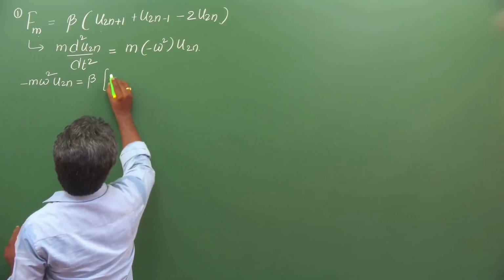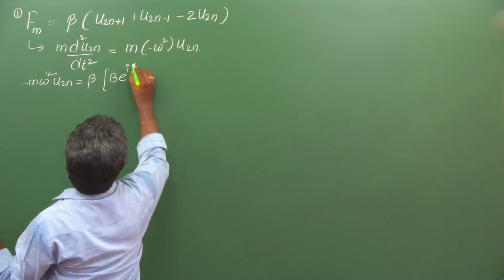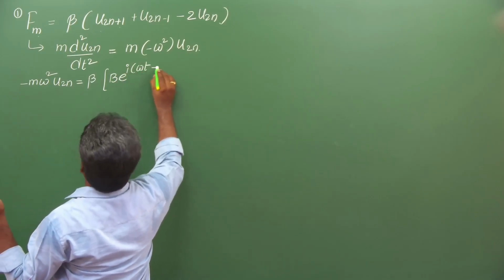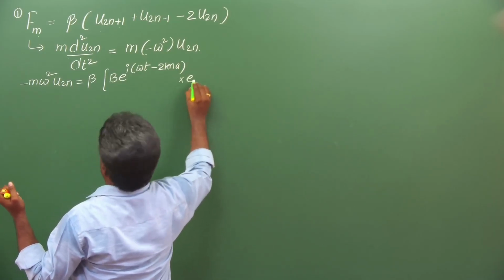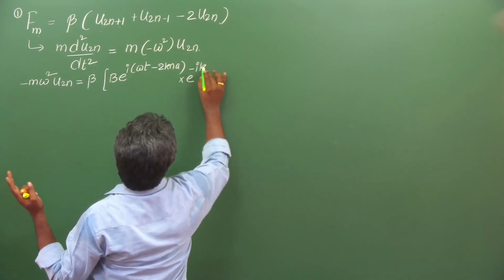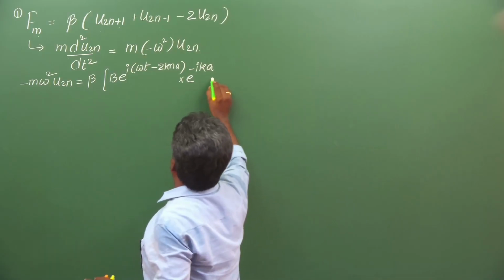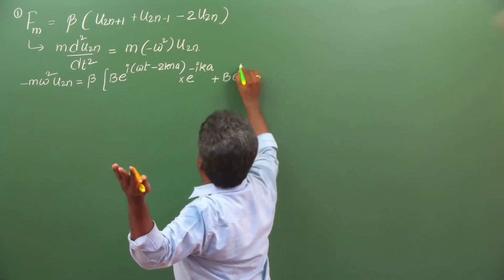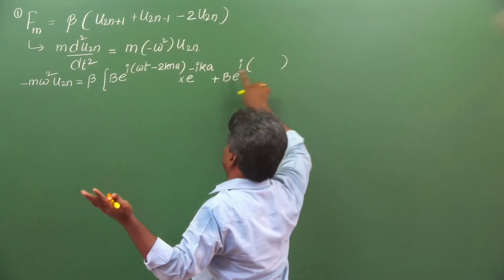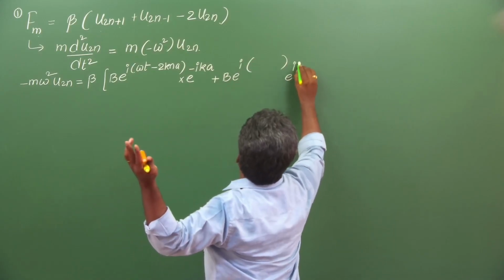Already you know what is u 2n plus 1. Just write that B e raised to i omega t minus 2 k n a into, good, slowly, plus, you know what is u 2n minus 1, B e raised to i k a.